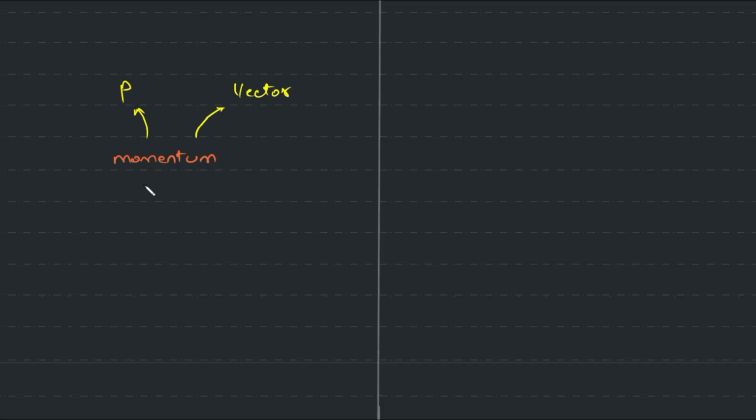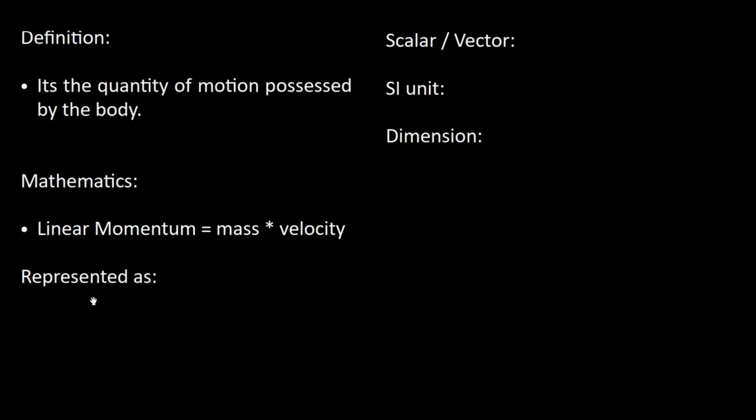So it is equal to m into v, vector representation. Then what else? Dimension will be, dimension of mass is M, dimension of velocity is L T to the minus 1. So that will be your dimension: M1 L1 T minus 1. Then what else? SI unit, okay. SI unit would be kg meter per second. That's your SI unit.